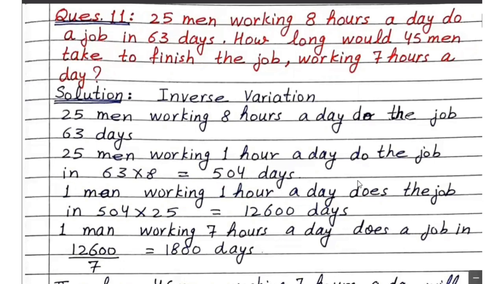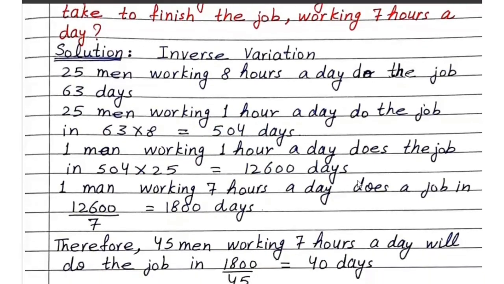I repeat: 25 men working for 8 hours will take 63 days. If 25 men work for 1 hour every day, they will take 504 days. But if only one man is working for 1 hour, it will take 12,600 days. So we have converted everything to one man and 1 hour. So we are following the unitary method here, right?